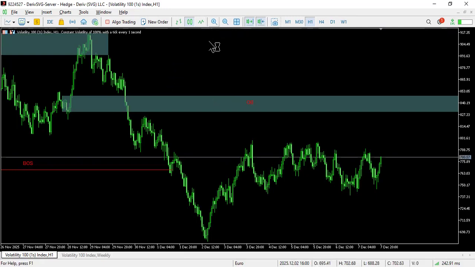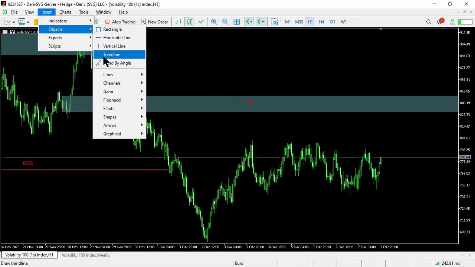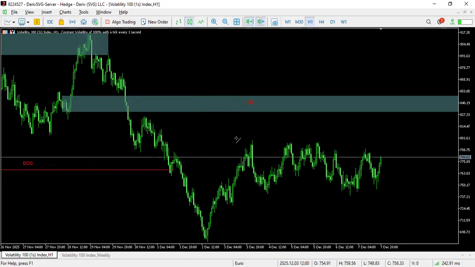So let us see if all our confluences are intact. So we have a break of structure and then the order block present. And then I am seeing this as liquidity that price will sweep. As you can see, this is the equal high liquidity.